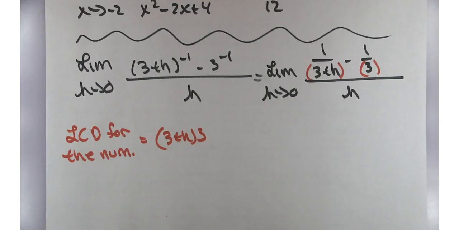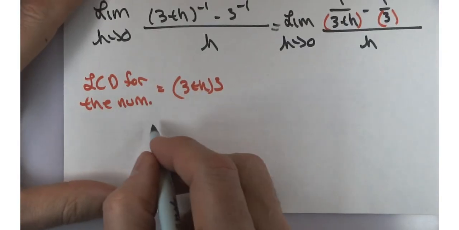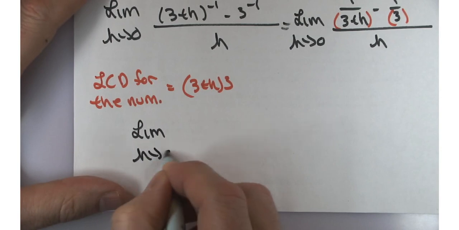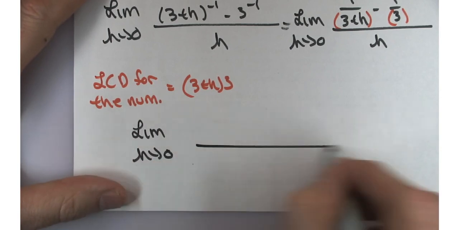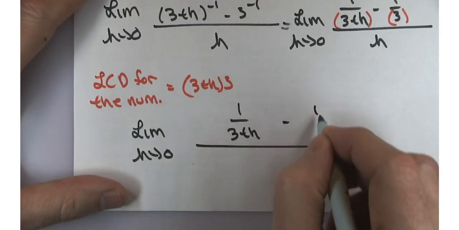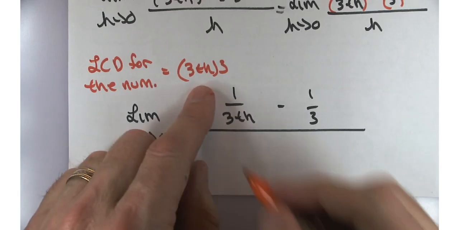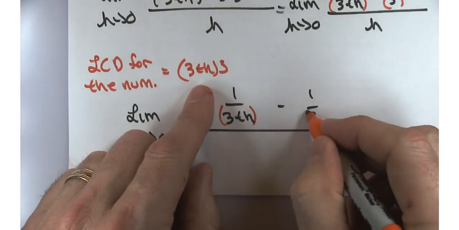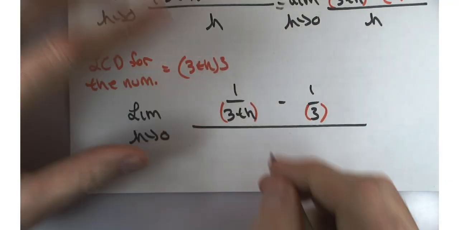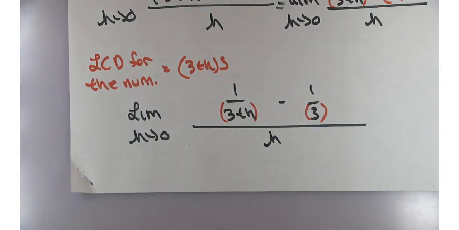So here's what I'll do. Let me write this down here. Limit as h approaches 0, I've got 1 over 3 plus h minus 1 over 3. In order to get the common denominator, what am I missing from this one that I have in my LCD? A 3.